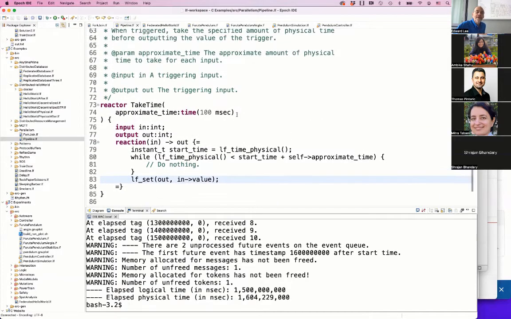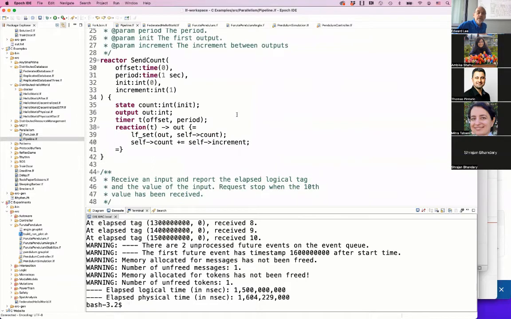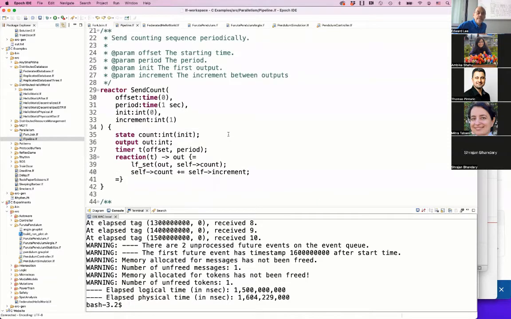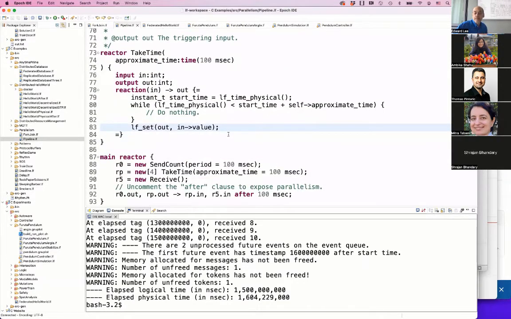Oh, no, it's not weird. It's constraining the total number of outputs. It's not using a logical time to stop. So it's processing the same number of samples, but taking more logical time because of the logical delays.